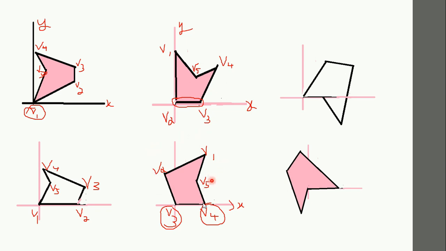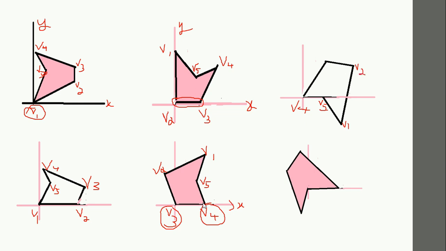Again, start rotating the polygon. When you rotate the polygon, see here, the next step is you have to place v4 on the origin, and then v5 to be placed on the x-axis. If you observe here, v1 will be lying below the x-axis.